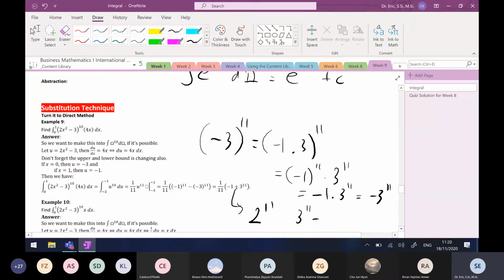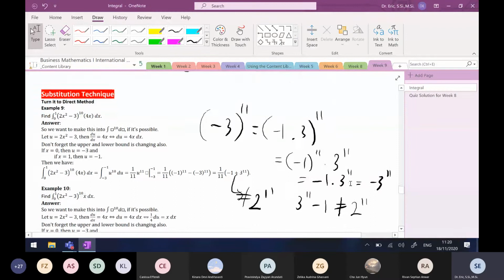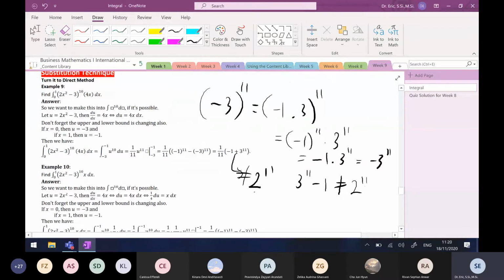Don't forget, minus 3 to the power of 11 is not the same as 3 minus 1 to the power of 11. Why? Because when we are dealing with an equation, we are dealing with hierarchy of operation, and exponentiation goes before subtraction.